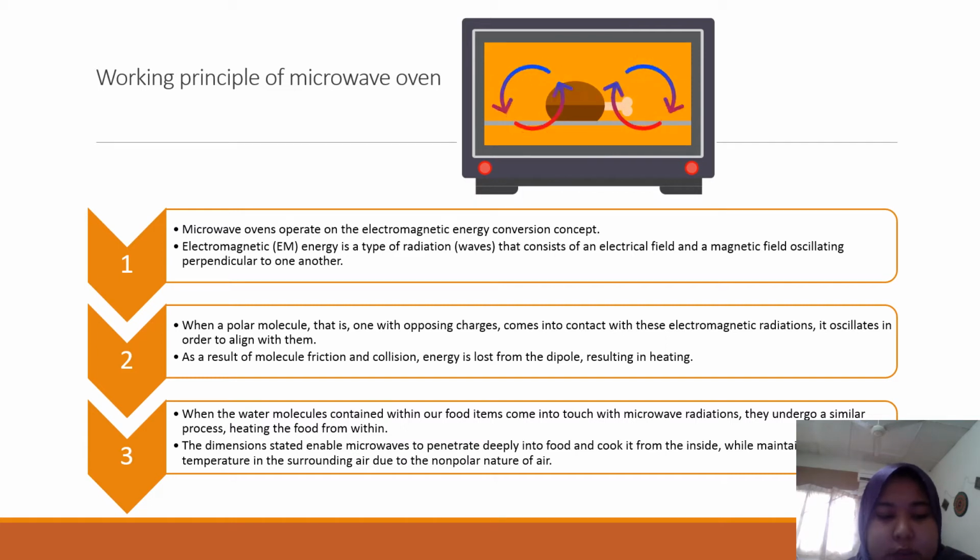The microwave utilized in the majority of ovens operates at a frequency of 2.24 GHz, and the dimensions stated enable microwaves to penetrate deeply into food and cook it from the inside, while maintaining a constant temperature in the surrounding air due to the non-polar nature of air.